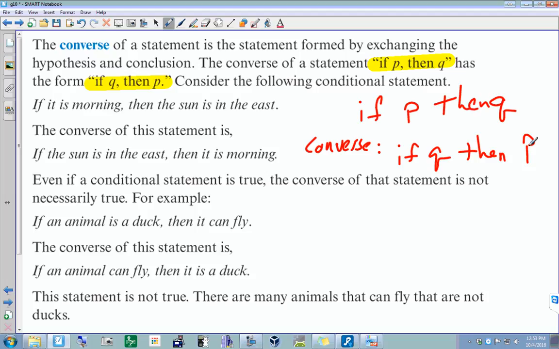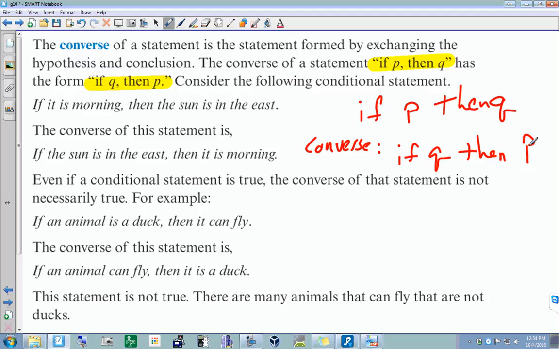So, if it's morning, do I know where the sun is going to be? Yeah. And if I know where the sun is, can I tell what time of the day it is? Okay. So, this works. If it is morning, then the sun is in the east. If the sun is in the east, then it is morning. Now, the converse doesn't always work.